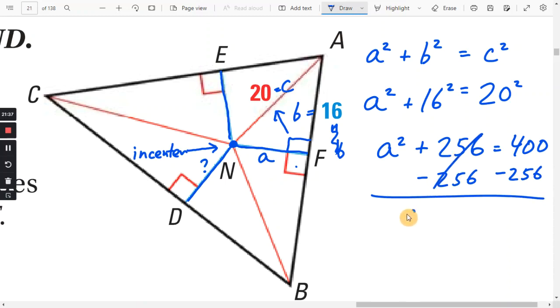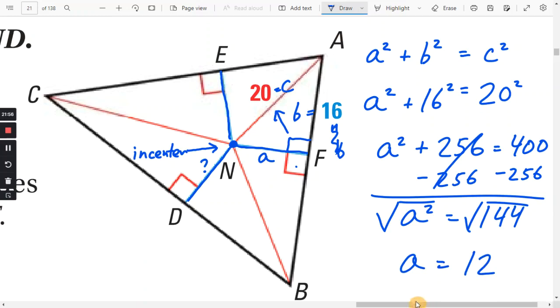Bring down your a squared, and that is going to equal 144. The opposite of squaring something is square root, so I take the square root of both sides. The square root of a squared is a. Square root of 144 is 12. You don't want to use negative 12. Even though it works, you can't have a negative side length. So a is 12.